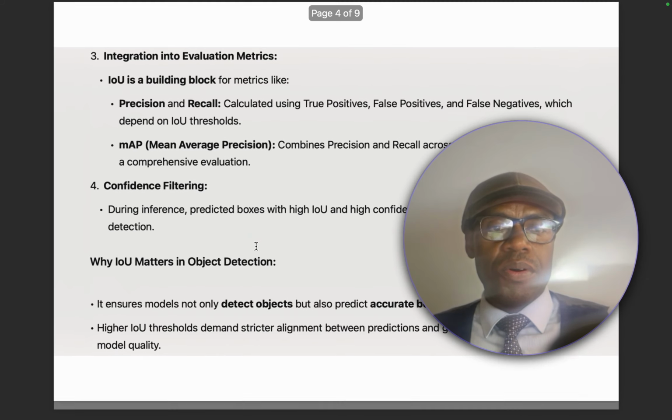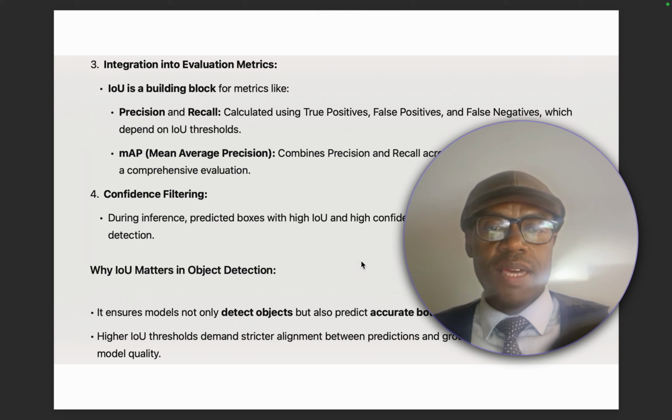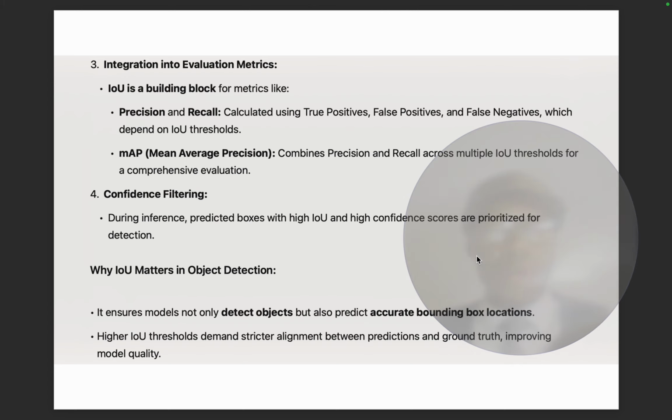So, why does IoU matter in object detection? Because it ensures the models not only detect objects, but also predict accurate bounding box locations. And higher IoU thresholds demand stricter alignment between predictions and ground truth, improving model quality.